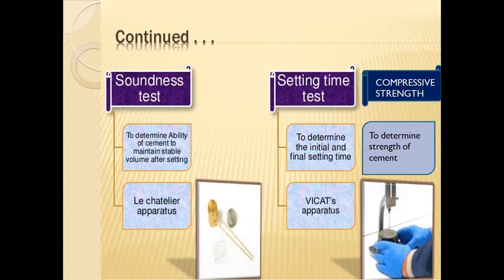Next is compressive strength. To determine the strength of the cement, we use the cement with sand and check the compressive strength using a CTM, that is, a compressive testing machine.